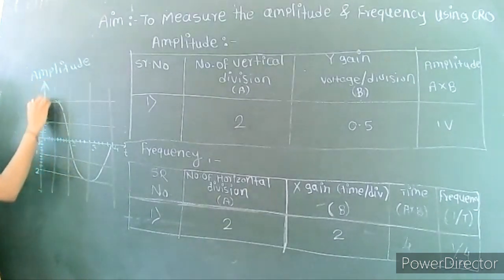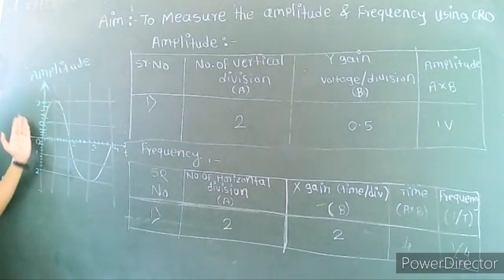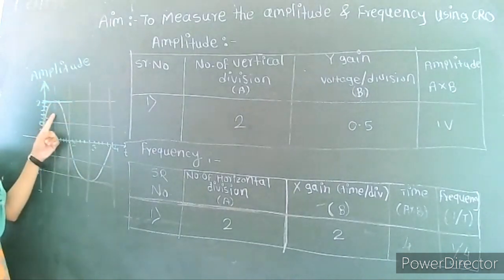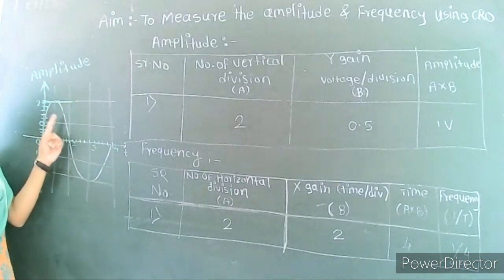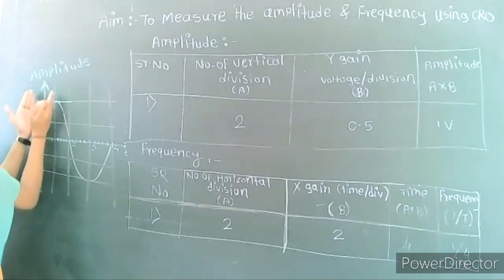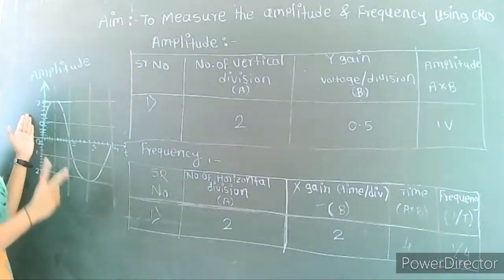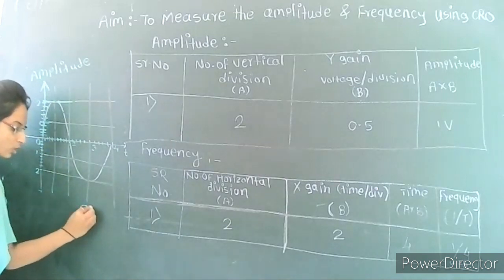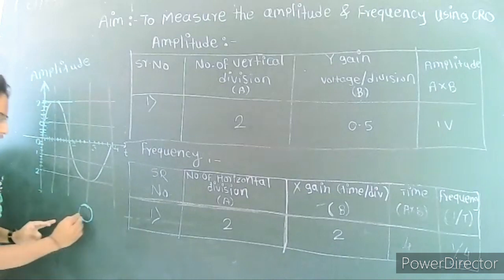For the measurement of amplitude, first we have to calculate the total blocks. This is the highest peak, or the highest amplitude, of this waveform, and it has a complete 2 blocks.